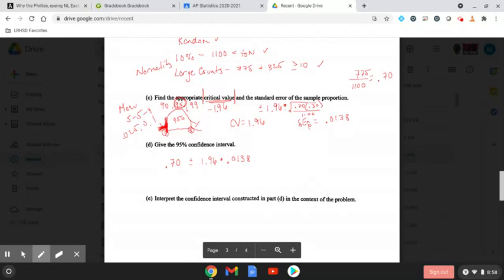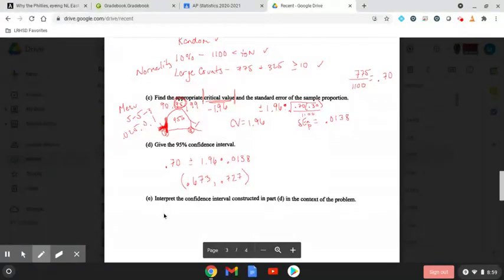All right, so let's do that real quick. All right, so in doing so, I got my lower bound of my interval to be about 0.67. I'll go 3 decimals, 0.673, and the upper bound of the interval to being 0.727.